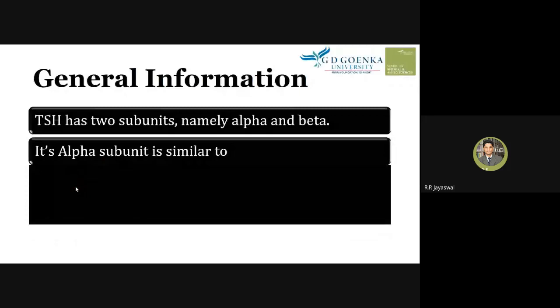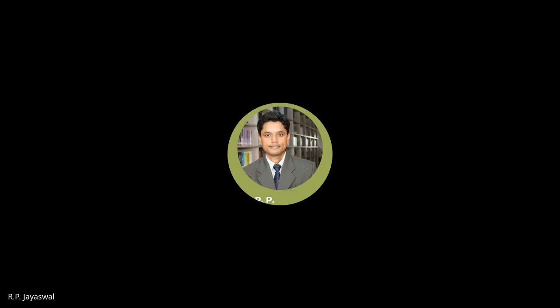There is some problem with the text. Let me change the color of this. Okay, now it's looking fine. So it has one alpha and one beta subunit, and the alpha subunit is similar to LH, FSH, and HCG. HCG is the human chorionic gonadotropin hormone, and it's a glycoprotein hormone.